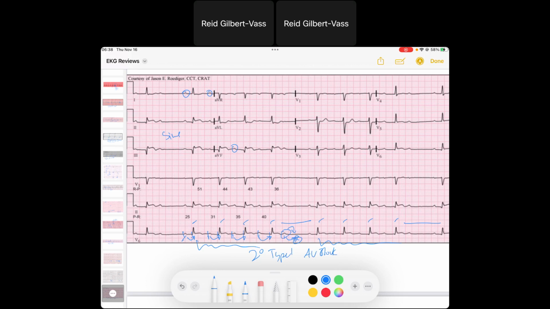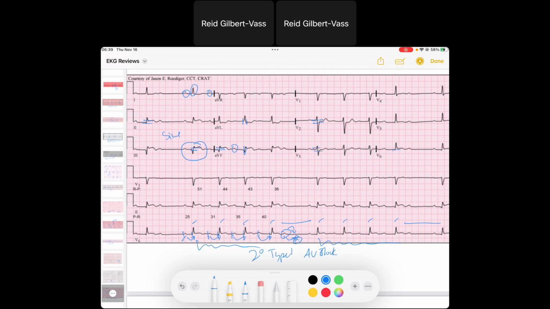Let's look at our QRSs. Our QRSs are narrow. That's good. And they're up in one and they're up in AVF. But if you look here, look at lead 3, we've got some ST elevation. AVF, we've got some ST elevation. Lead 2, we have some ST elevation. And we've got some reciprocal depression in V2, maybe even in V3.